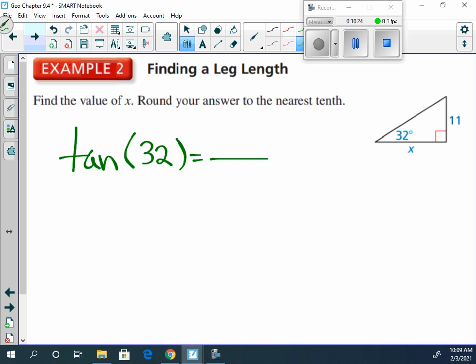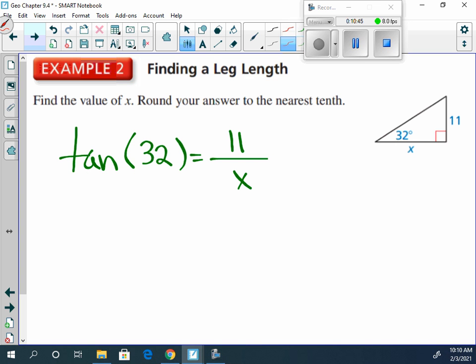Is equal to what over? Opposite side is 11, and the adjacent side is x. So we'll set it up. Tangent of 32 is equal to 11 over x.